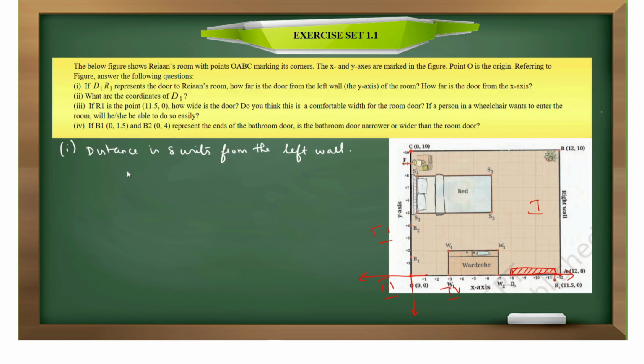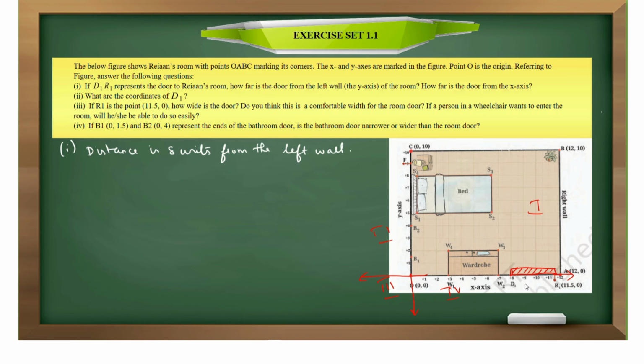The second question is, how far is the door from the x-axis? This question is a little bit easy, because this is our x-axis line and our door D1 R1 is located on the x-axis. So the value of the y coordinate is 0 in the case of R1, and when you write D1 in terms of coordinates, it will be 8 comma 0, where the y coordinate is 0.